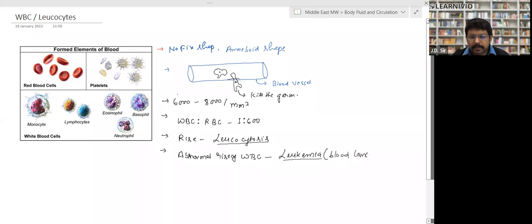Blood cancer is nothing but this: our WBC start eating our own body cells. They lose the sense of whether it's a body part or an external germ or any pathogen. And in spite of eating bacteria, virus, and the rest of the pathogens, they start eating our own body cells. That is called blood cancer.